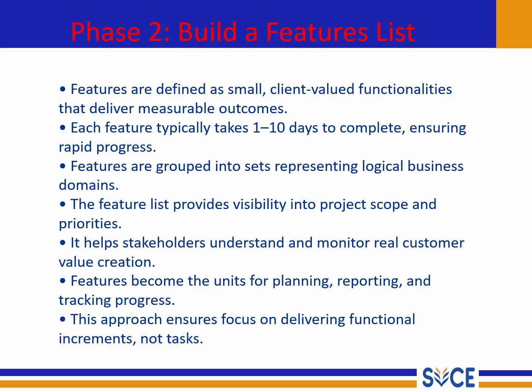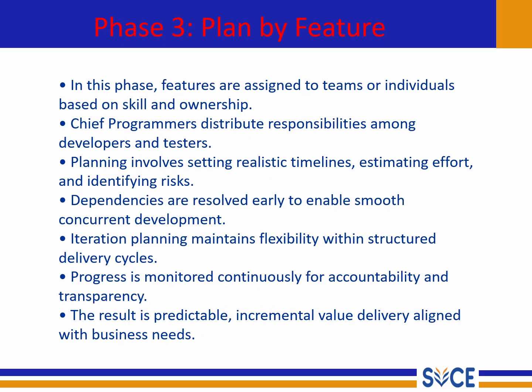So in this phase, the team breaks the entire system into small, meaningful pieces that deliver value quickly and visibly. And that's what makes FDD client driven and progress oriented. In the next slide, we will see phase 3, that is plan by feature.